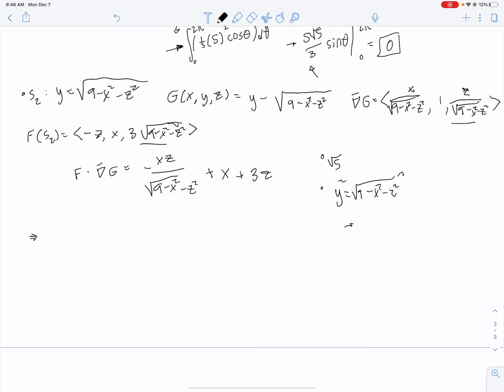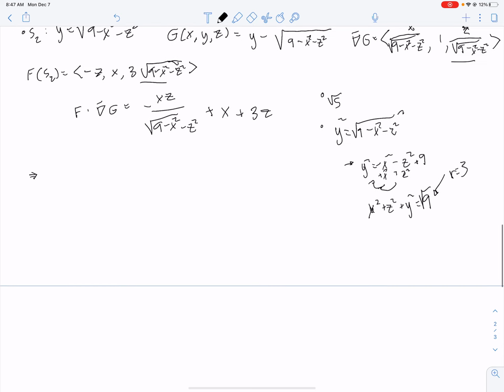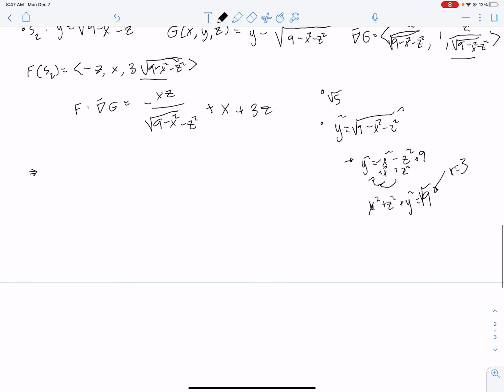Squaring both sides, we get y squared equals 9 minus x squared minus z squared, and then we can put these onto the other side. So we get a sphere, x squared plus z squared plus y squared equals 9, and taking the square root of that, we get r equal to 3. So we know that our bounds would go from root 5 to 3.